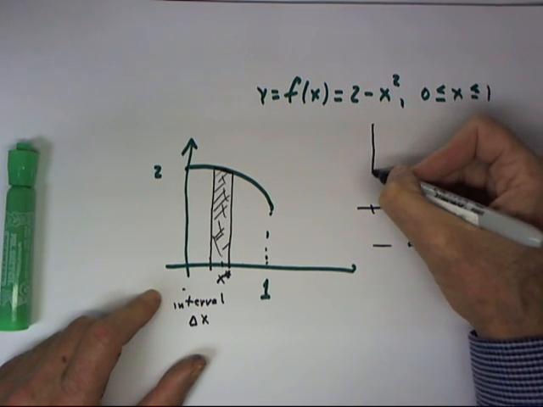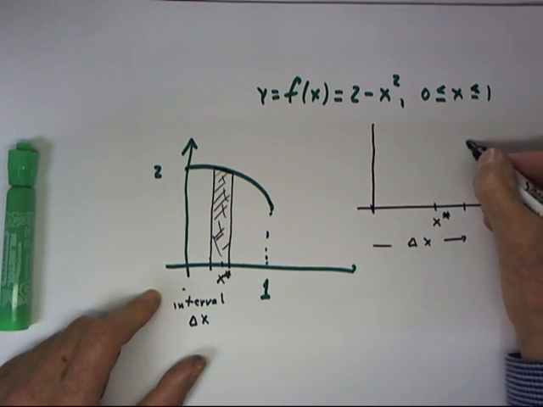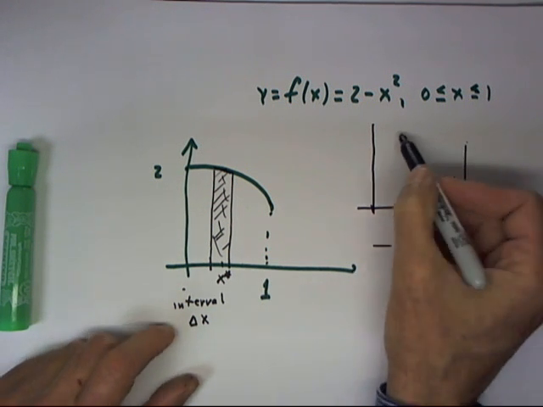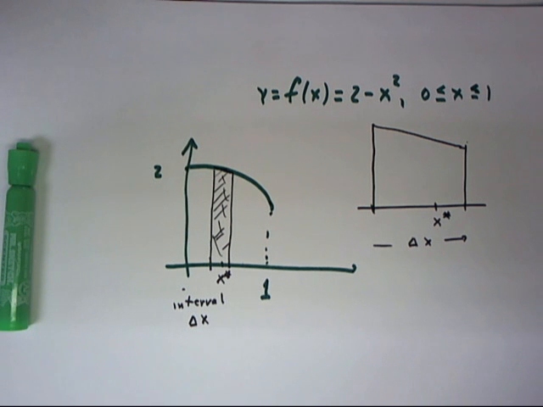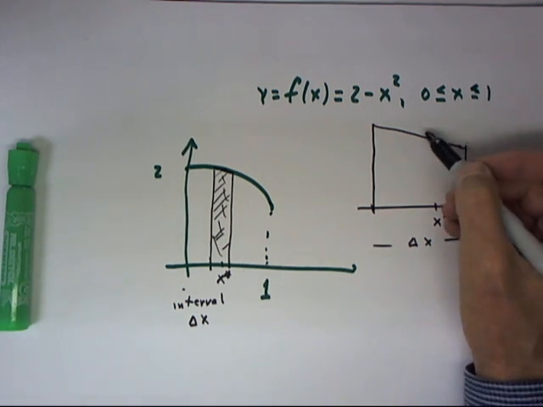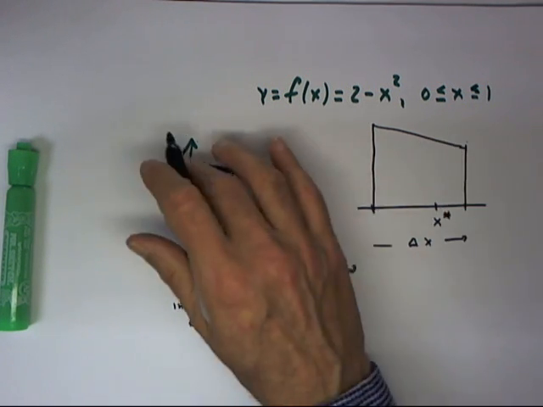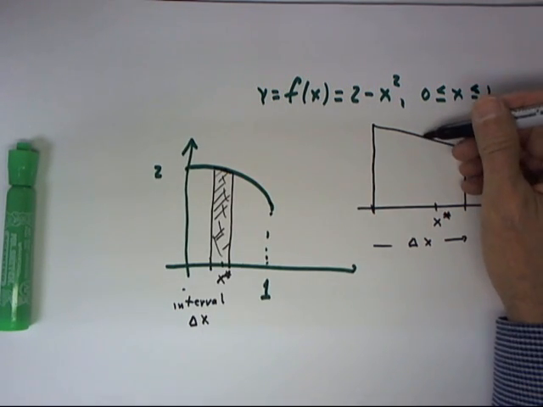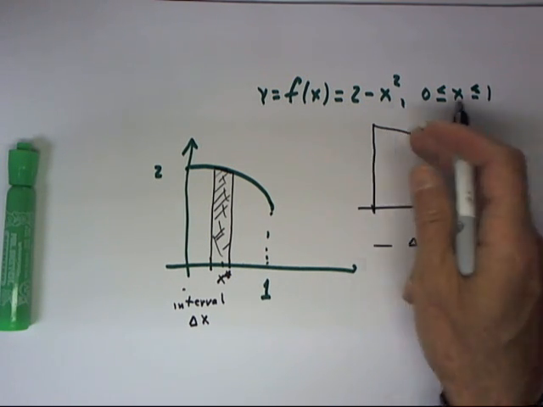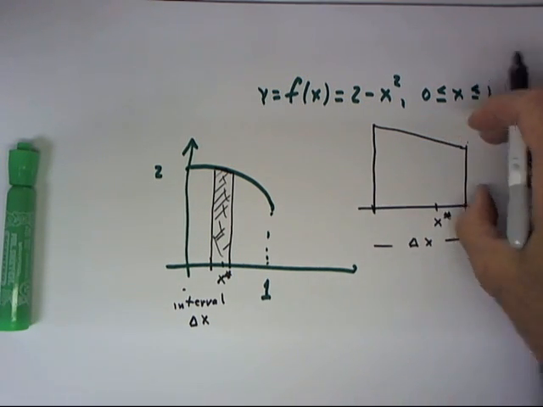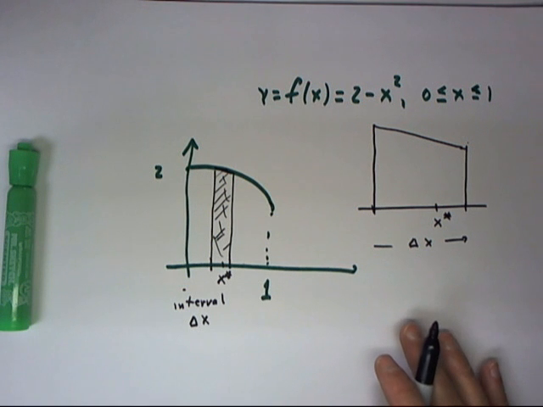So I'm going to represent the behavior of this function as a trapezoid. As you know, to get the accurate area of a trapezoid, and we might want to do this if we're trying to approximate the integral, but if we take the midpoint of this trapezoid and level it off, we get a rectangle whose area is equal to the area of the trapezoid.